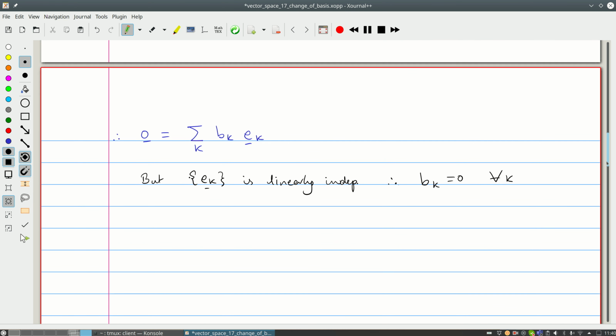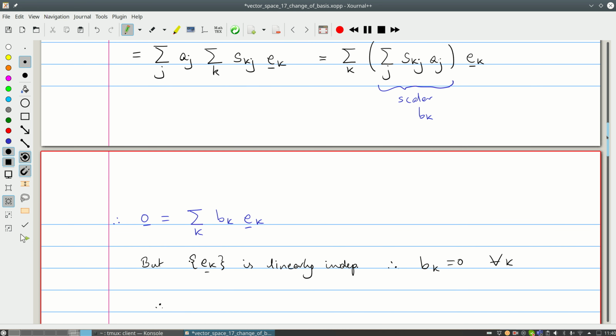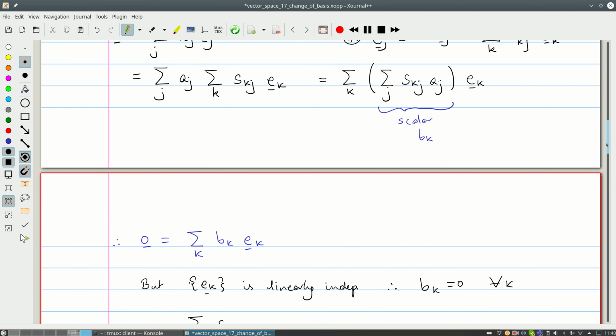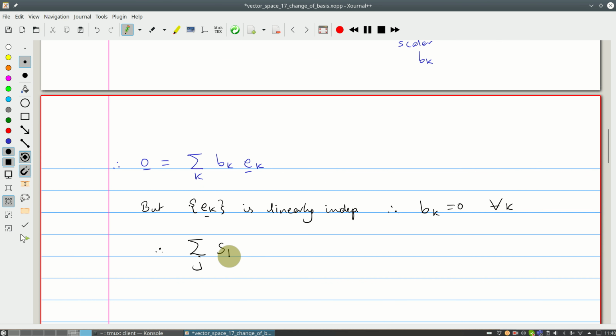Now what this means is that the b_k, remember, is the sum over here. So we have the sum over j of S_kj a_j is equal to 0 for all k.